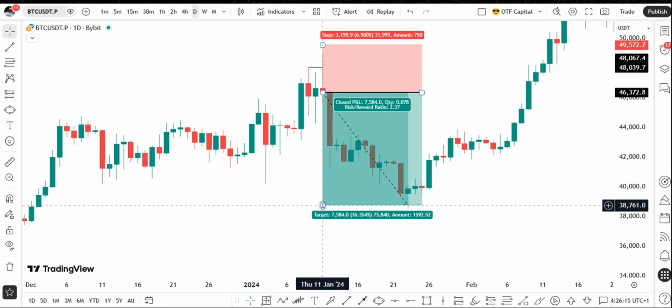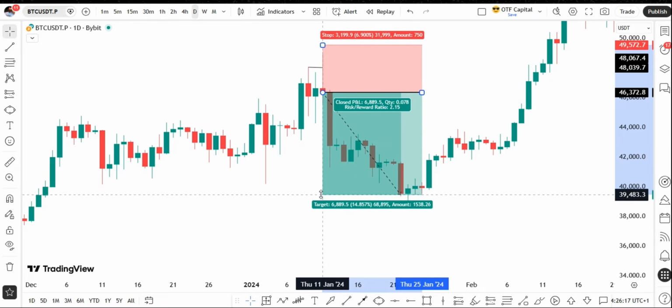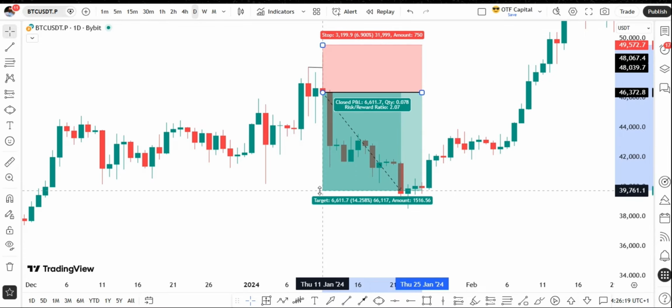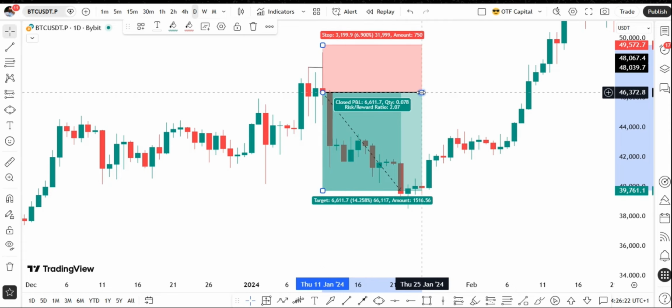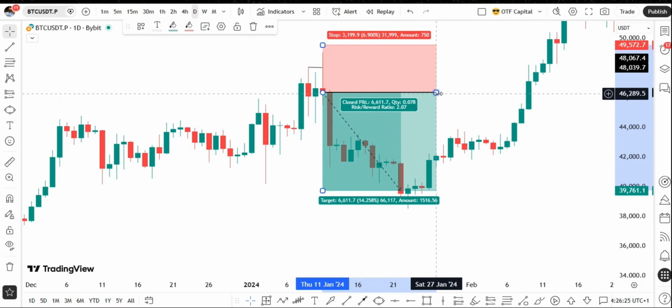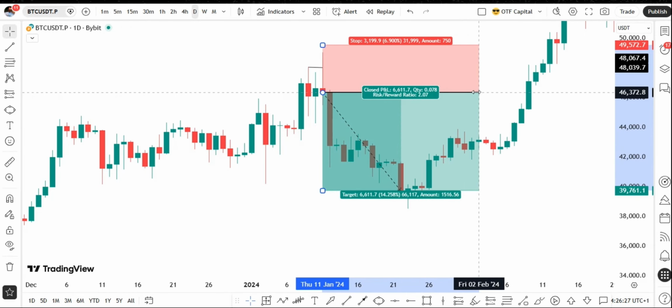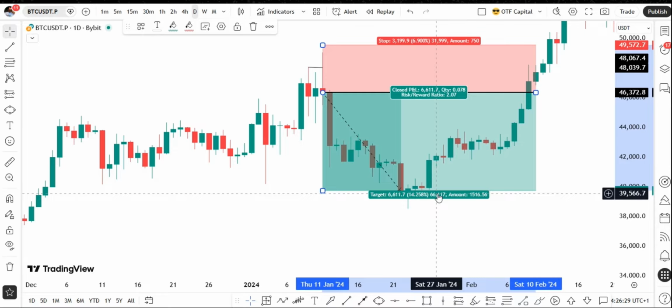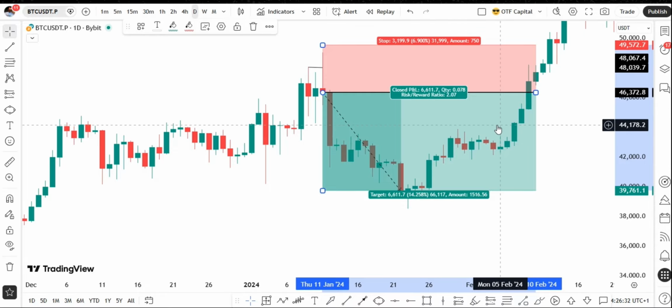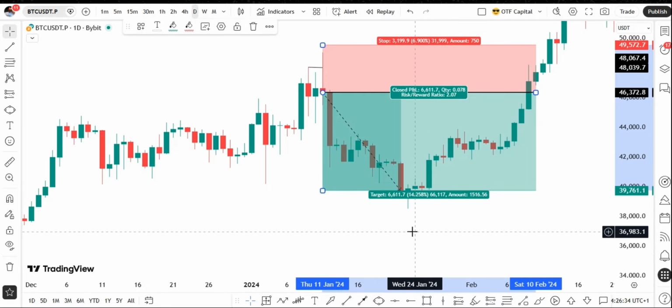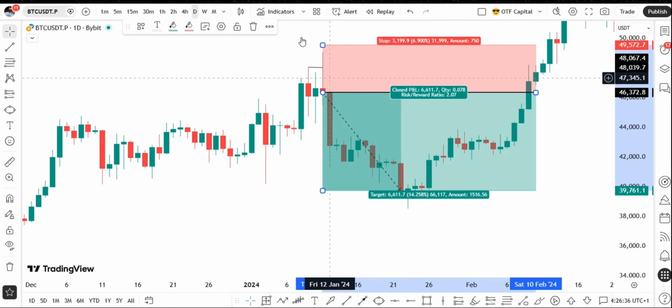Here, you can first of all take your partials at a 2 risk to reward ratio, then bring your stop loss to break even, where you can be safe. Maybe if the price is trying to reverse, you can be safe because you've already taken some partials out of the market. So this is how to take advantage of the dragonfly doji. This is one individual candle.